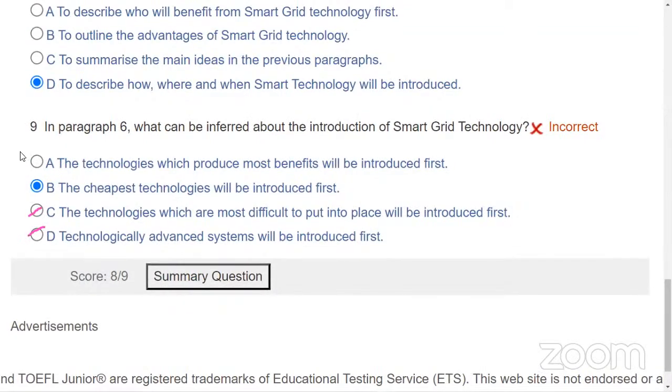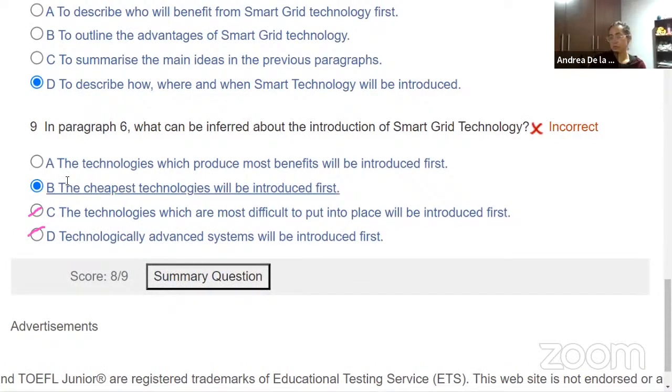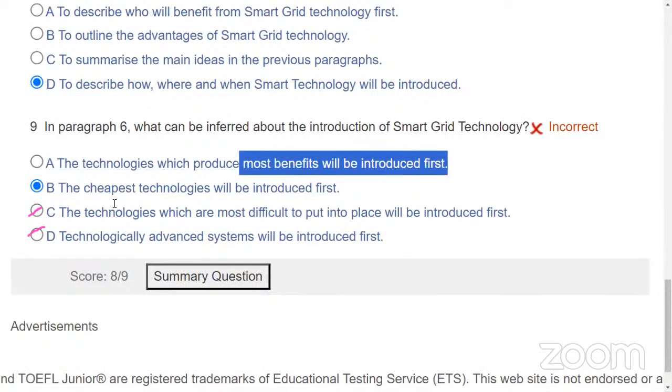But in the A and B, the technologies which produce most benefits will be introduced first. They don't mention the benefits like that. So I associate that if it's the quick win methods, it's more like the cheapest.